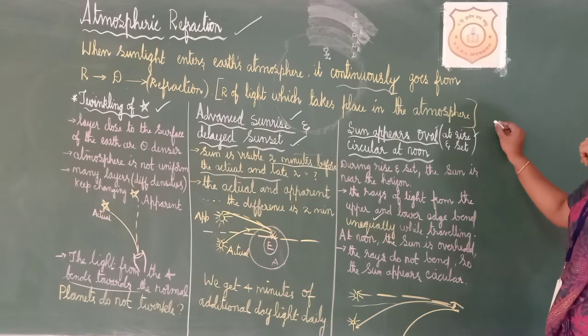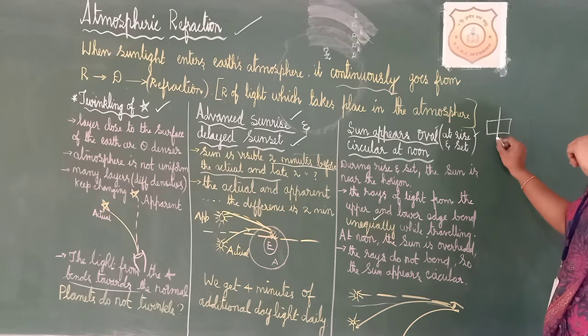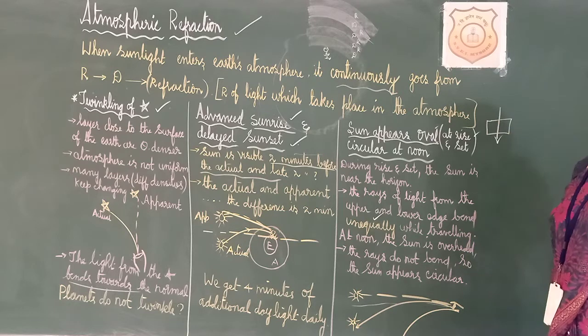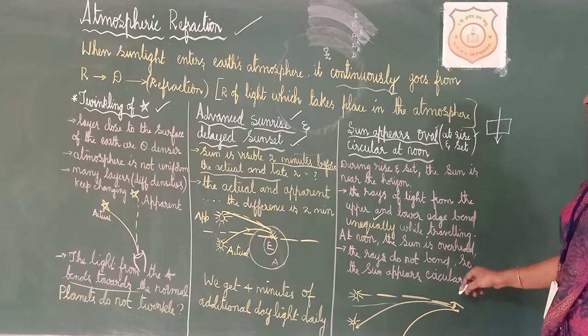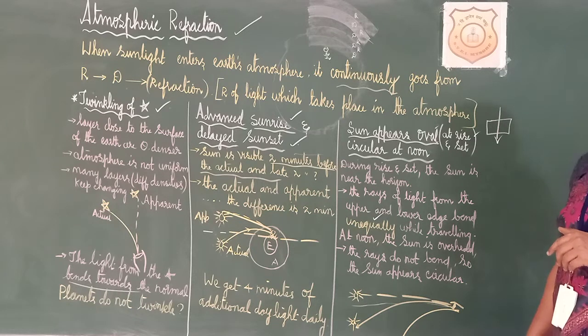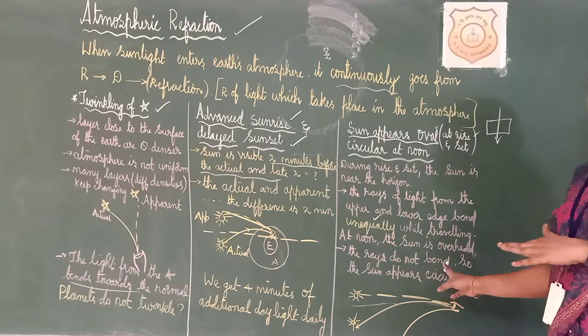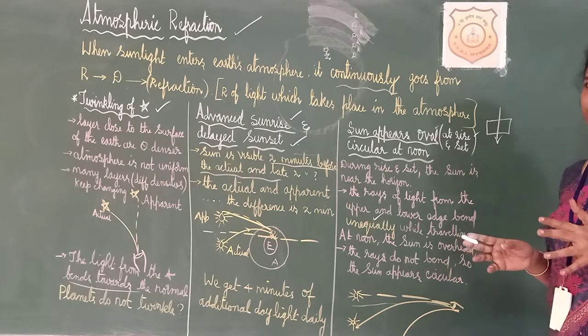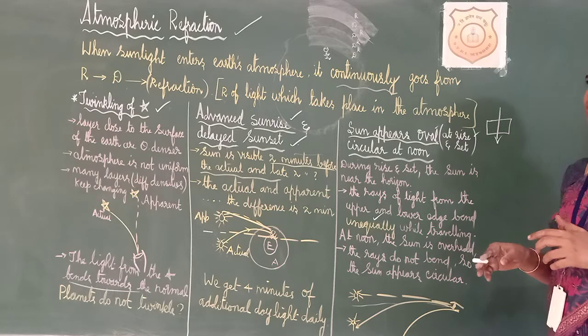We have studied that there is no refraction, so they come directly. So they are circular. Okay. But in the morning and in the evening, they will bend. So that is the reason you are able to get that refraction.